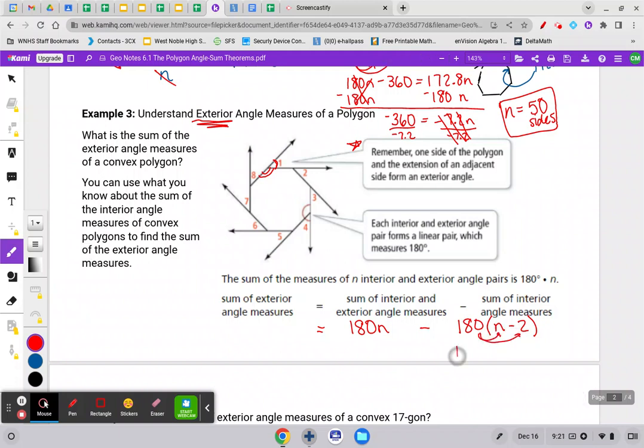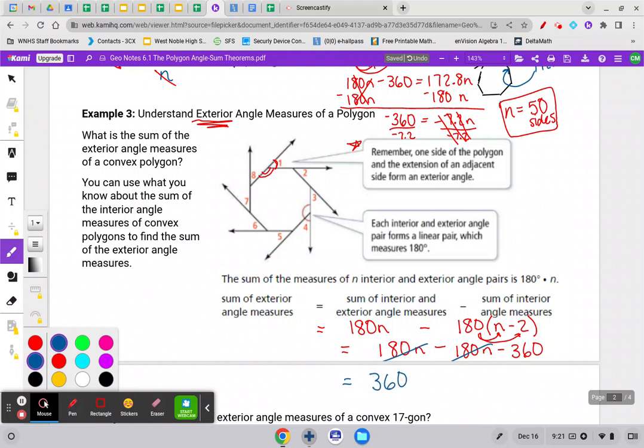We distribute, we get 180n minus 360. You'll notice the 180 n's actually cancel out. So we are left with 360 degrees as our sum of our exterior angle measures. This happens every single time, no matter how many sides your shape has.